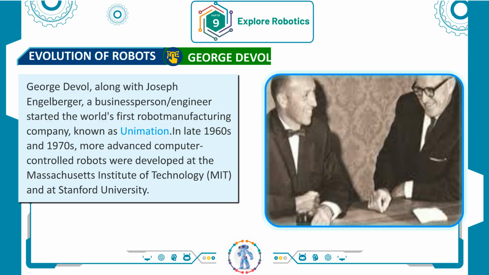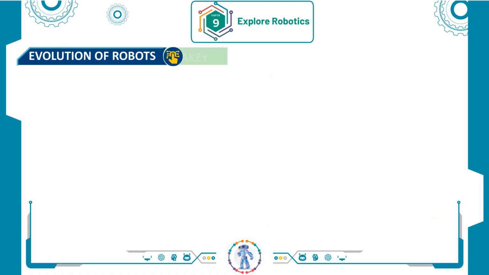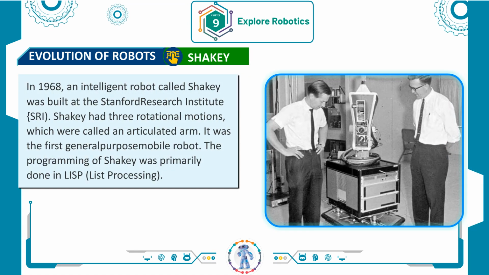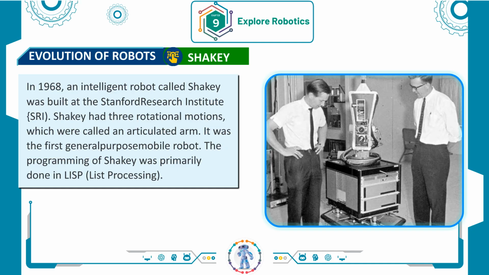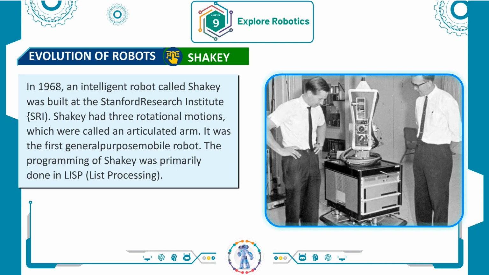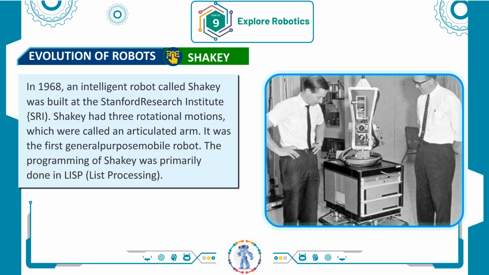more advanced computer-controlled robots were developed at the Massachusetts Institute of Technology (MIT) and at Stanford University. Shakey. In 1968, an intelligent robot called Shakey was built at the Stanford Research Institute (SRI). Shakey had 3 rotational motions, which were called an articulated arm.